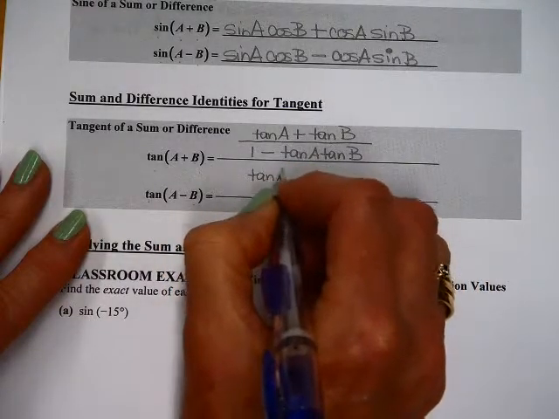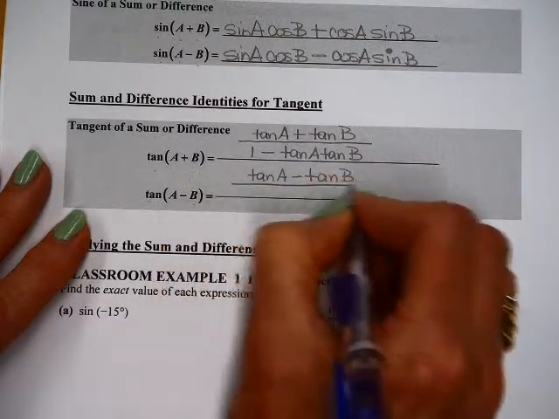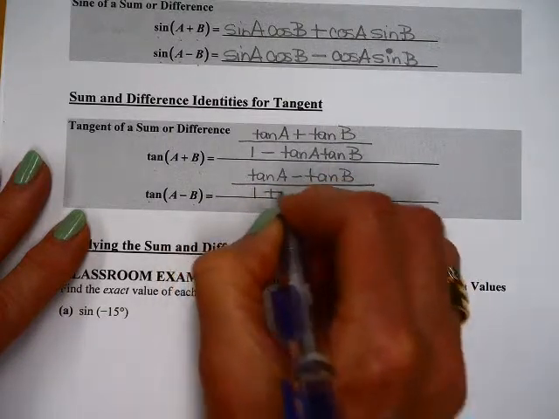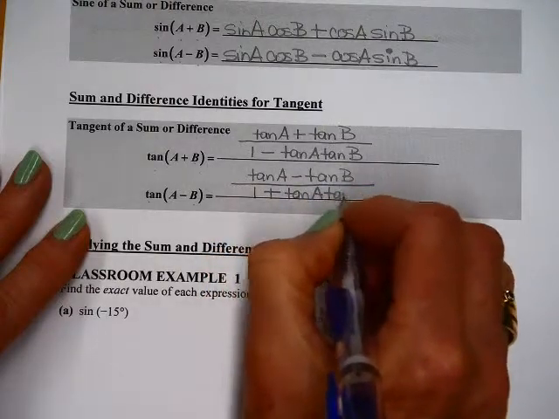This will be the tangent of A minus the tangent of B, divided by 1 plus the tangent of A times the tangent of B.